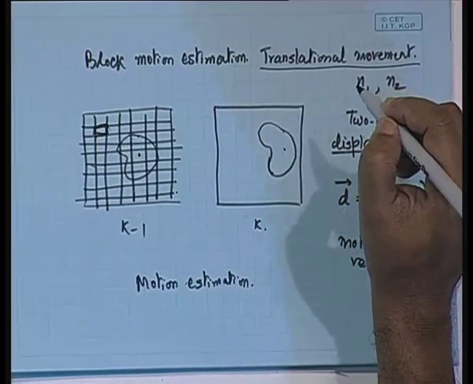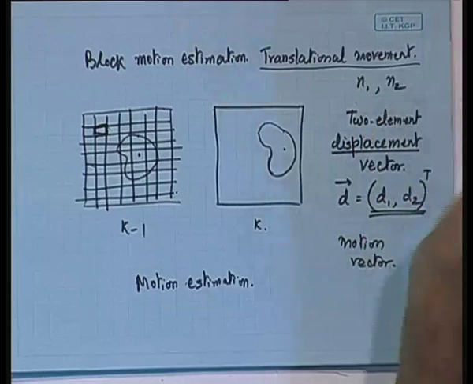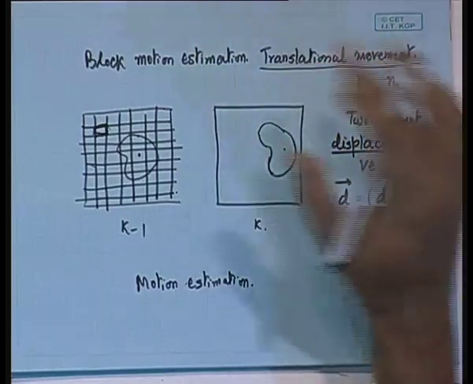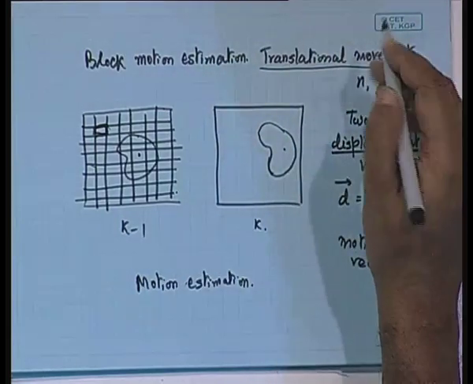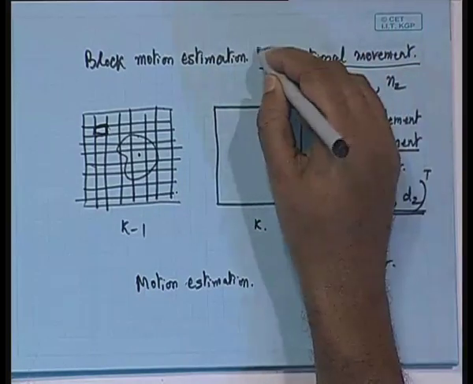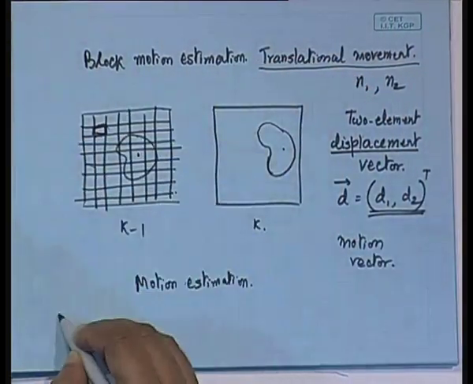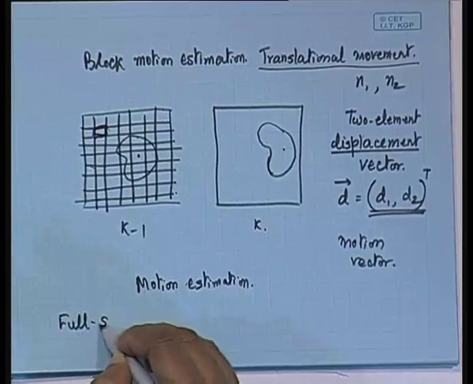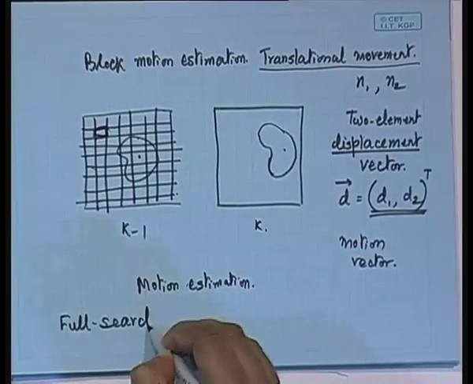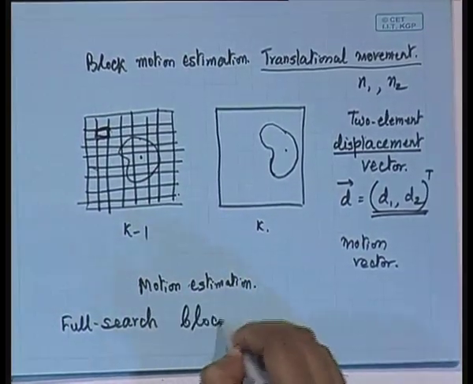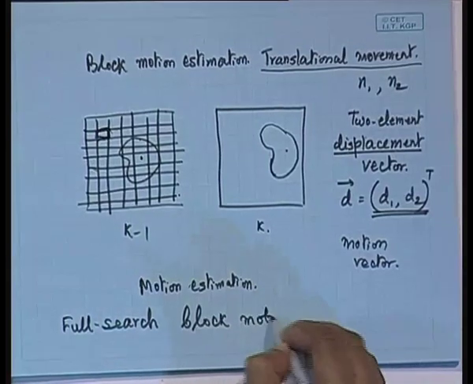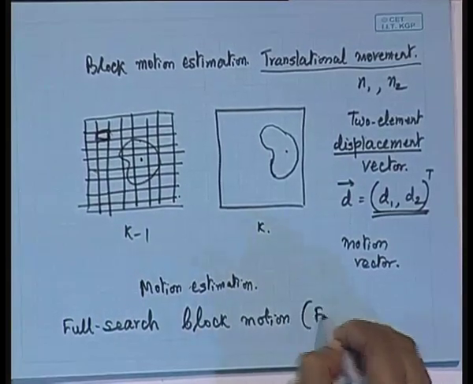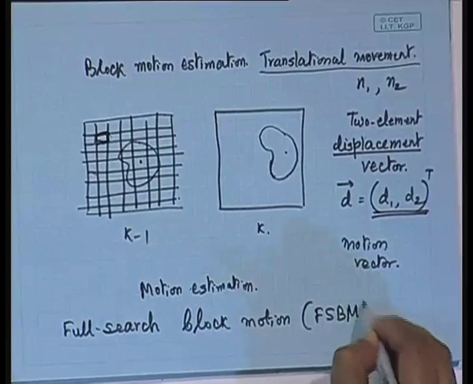And whenever we search over the entire search range while estimating the motion, we call it full search block motion, or in short form FSBM.